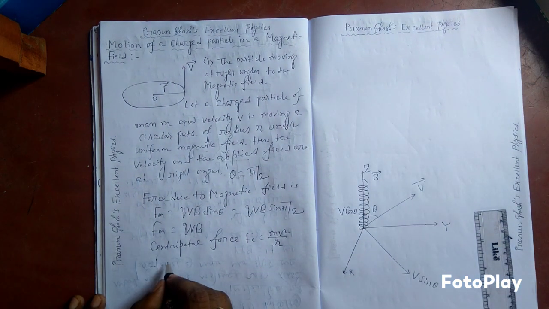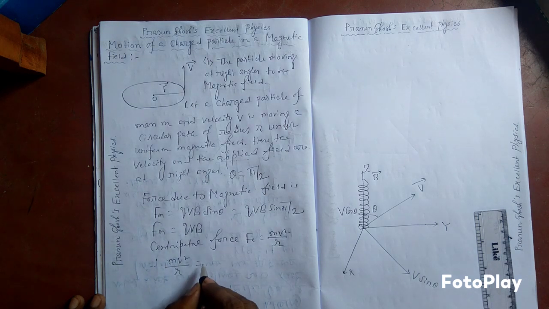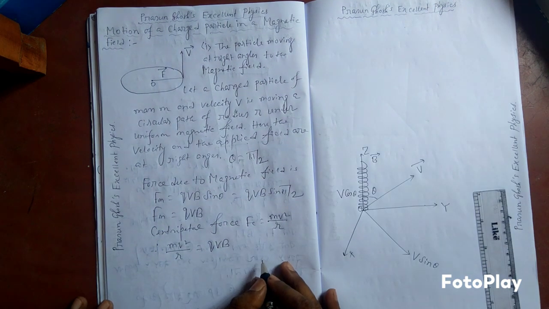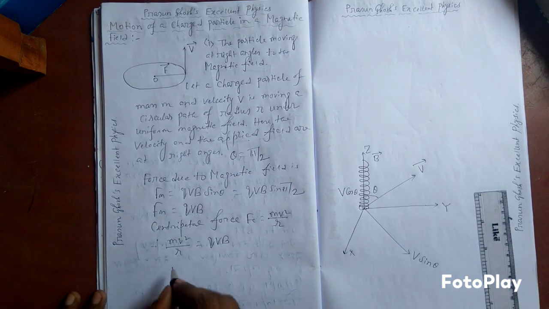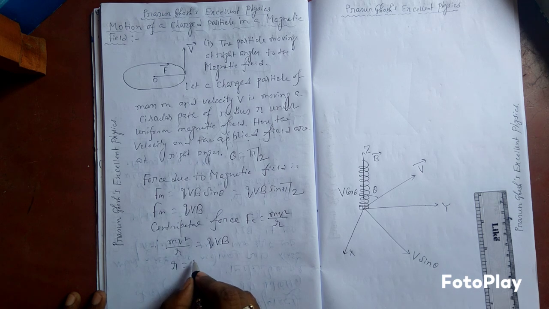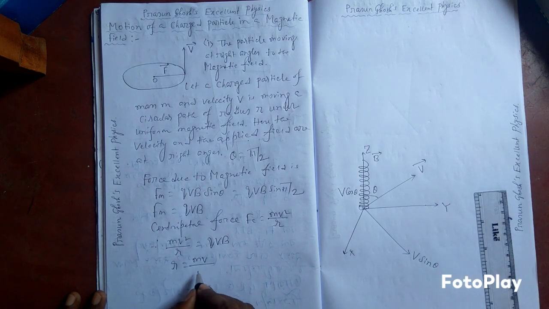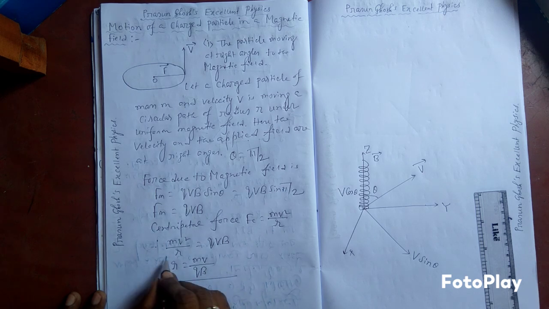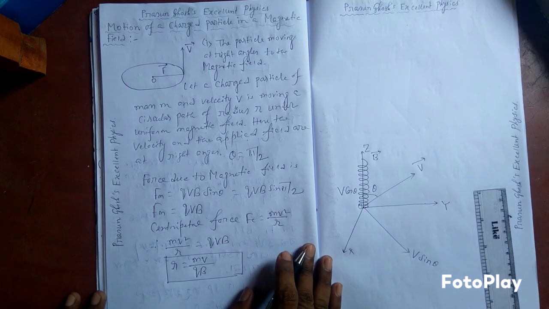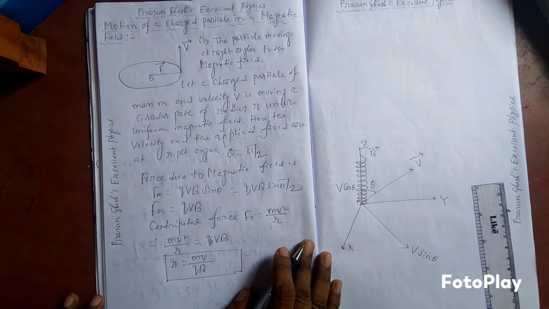Now mv square by r equal to qvB. So r equal to mv by qB. So this is the relation of radius.